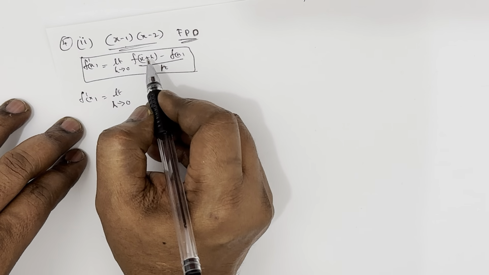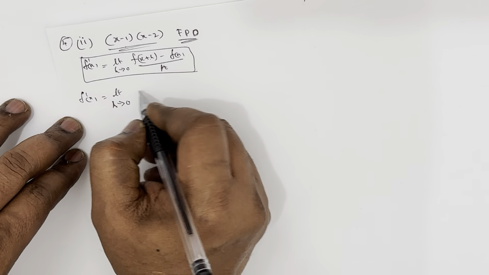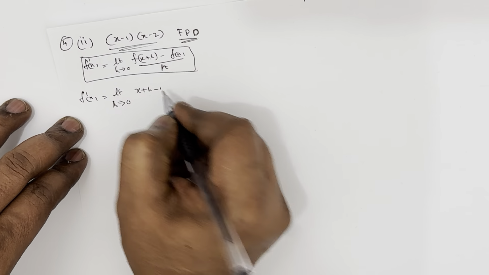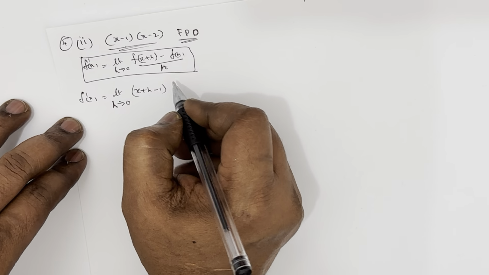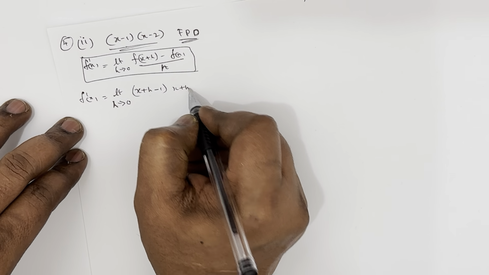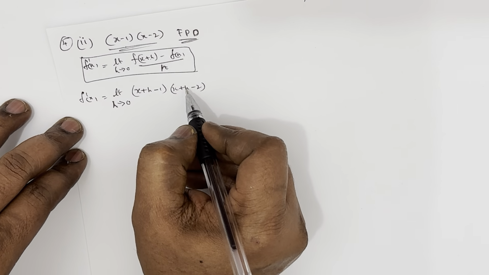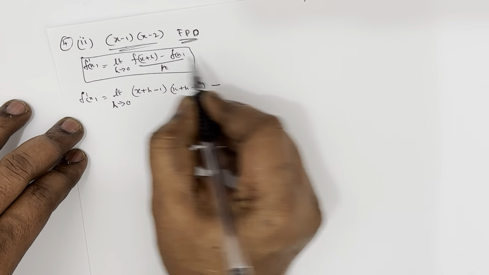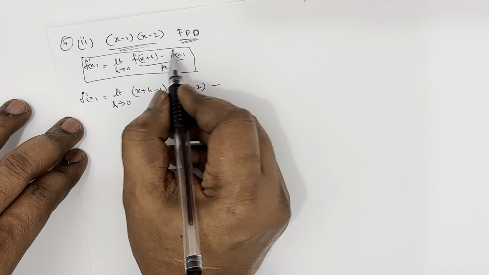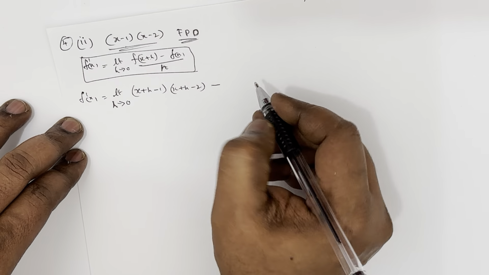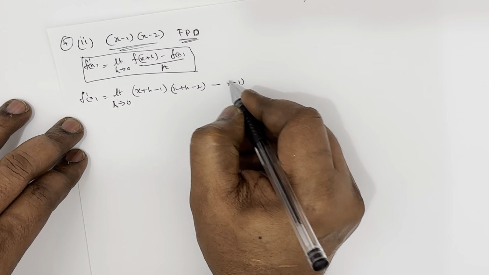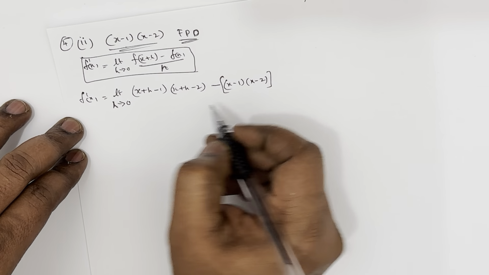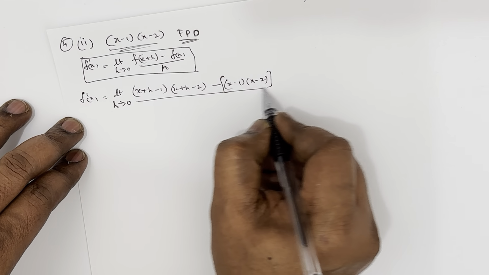Now adding h to all the x variables, we get x plus h minus 1, and here x plus h minus 2. Adding h to all the x variables and minus this part is finished. Now f of x, the function as it is, x minus 1 into x minus 2, upon h.